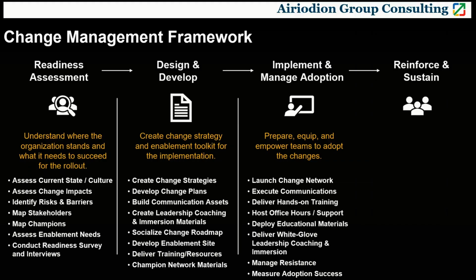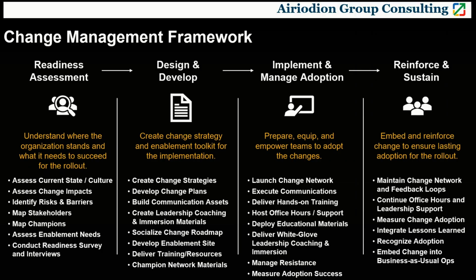For the third phase, we implemented our change management deliverables and plans. We also tracked adoption to support the manufacturing project rollout. And then finally, we sustained and reinforced the change by embedding new behaviors into day-to-day operations. Each phase is time-bound and scalable, meaning we can apply this model for a small pilot, or we can expand it enterprise-wide with the same structured cadence.